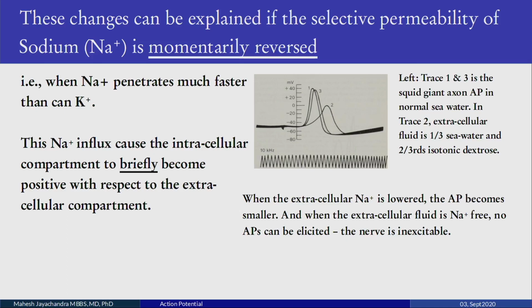When the extracellular sodium is lowered, the action potential becomes smaller, and when it's totally sodium free, then there are no action potentials. So the initial part of the action potential is completely sodium ion dependent, right?